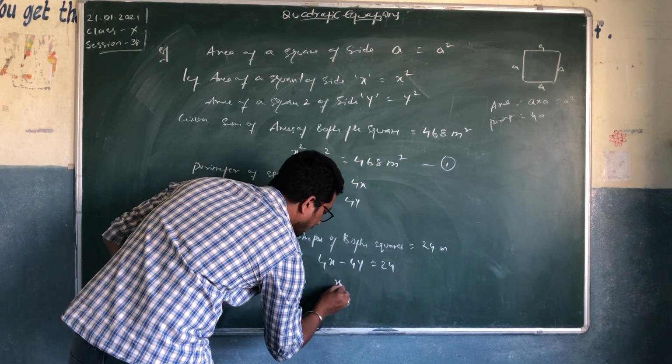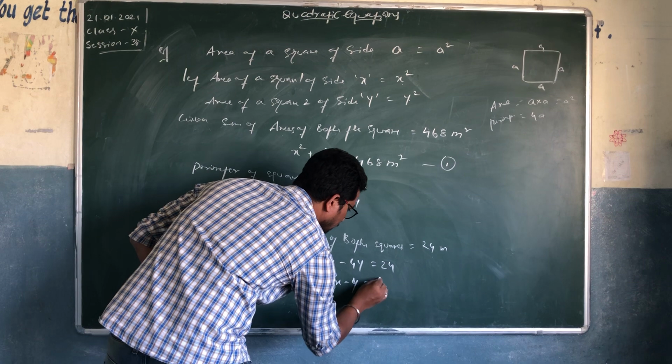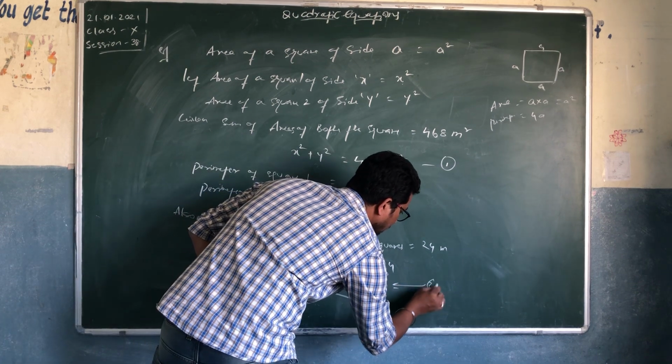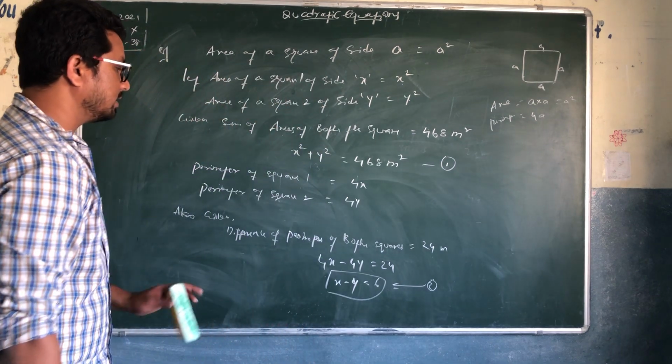If I take 4 as common, x minus y is equal to 6. This is 2.